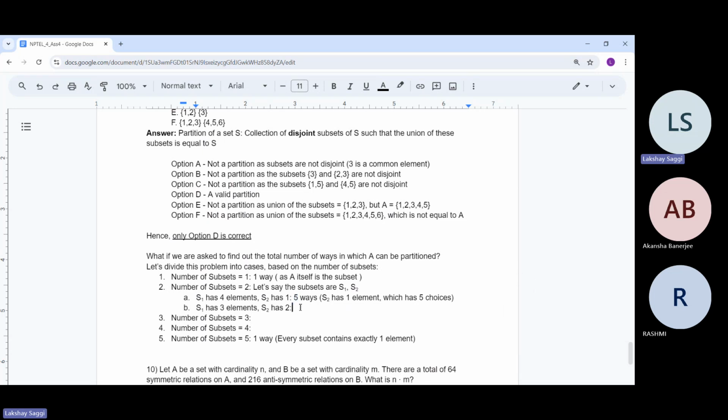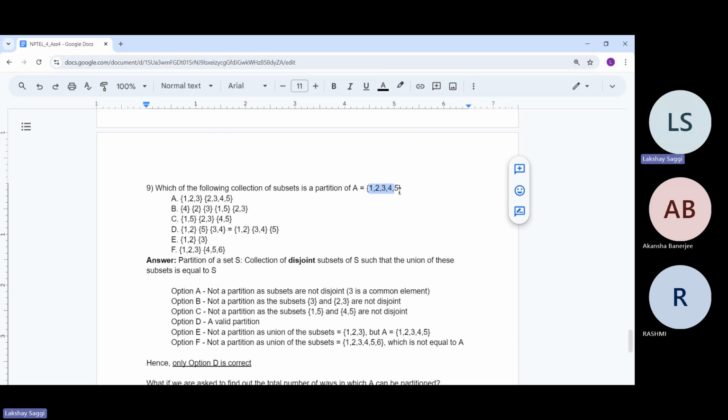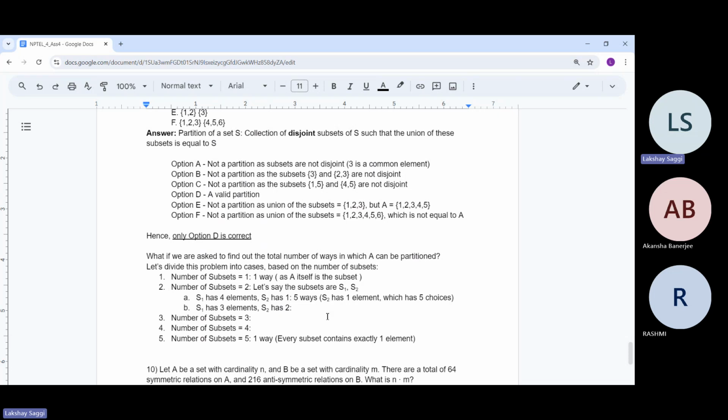Similarly, if S2 has 2 elements, then we just need to choose any 2 of these 5 elements, and that will give us S2. From that, S1 will just be the complement of S2.